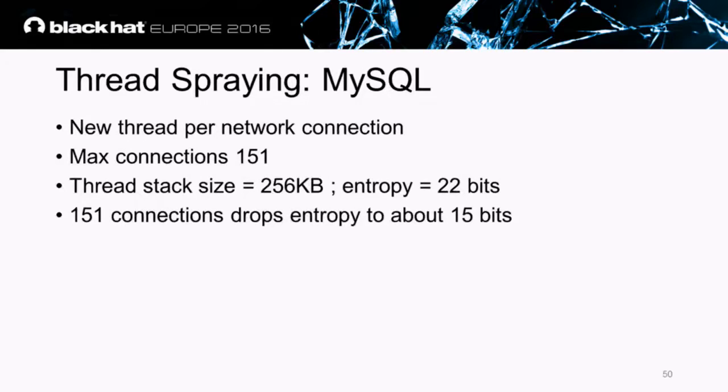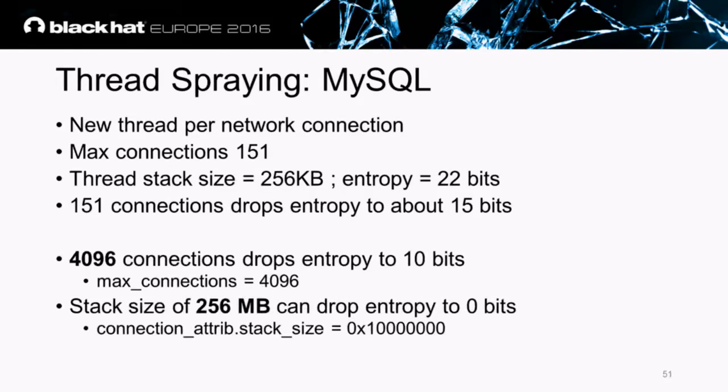And if you exhaust the connections, so if you start 151 connections to MySQL, you will have 151 more stacks in the address space, and its entropy is reduced to 15 bits.